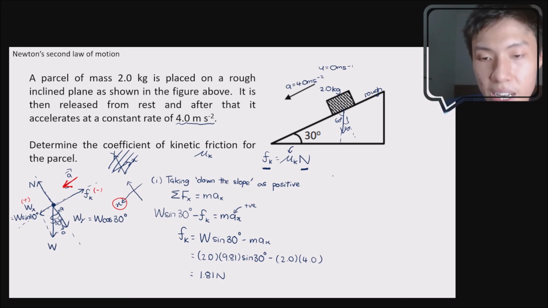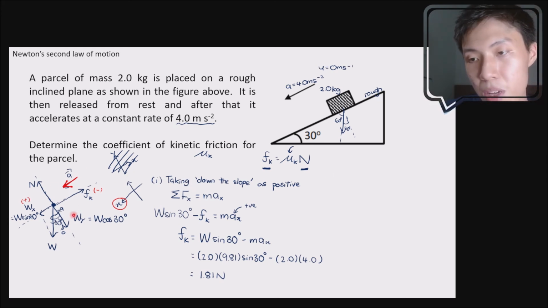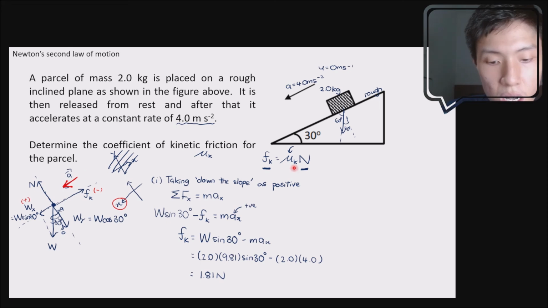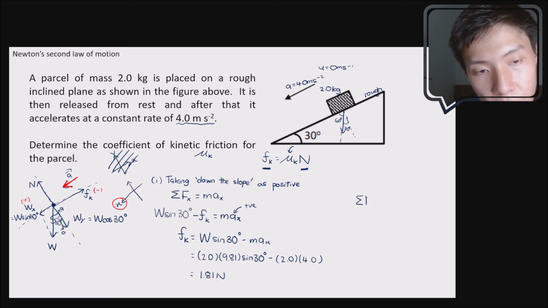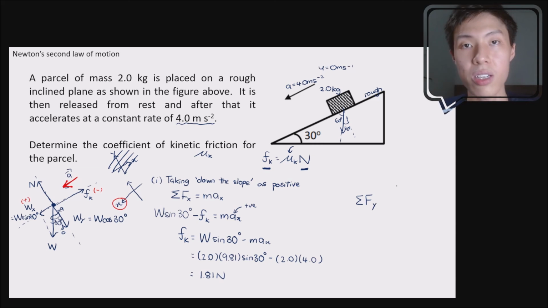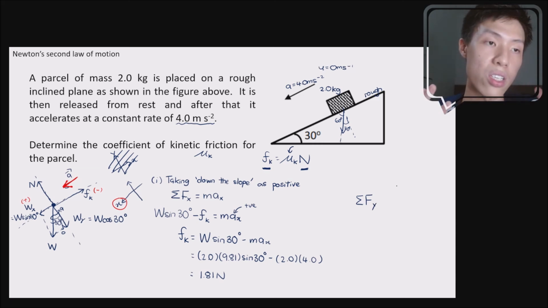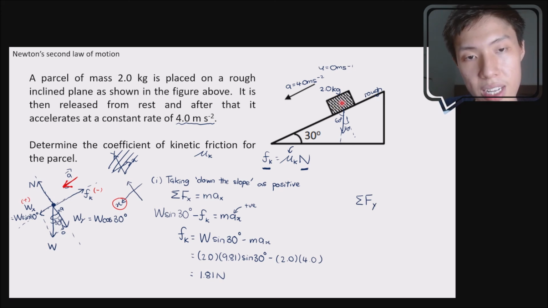We move on to the second part, the y dimension. For the y dimension, where should we treat as positive? Well, let's discuss. For the y dimension, sum of Fy, let's see whether this object needs to be analyzed using first law or second law. In this situation, this object is accelerating down this inclined plane.